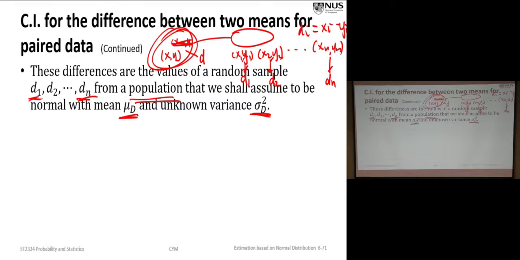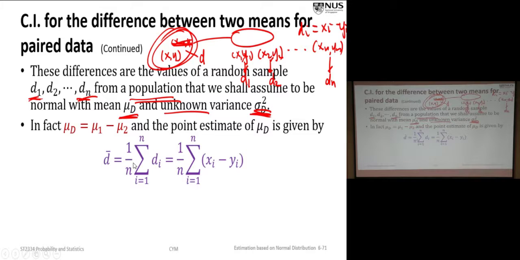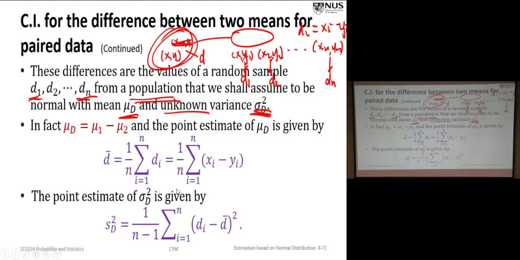So this goes back to one population case. So you ask yourself whether you know this sigma D squared. Usually we don't know that. So we assume that we don't know. Then how to estimate mu D? The way that we do it is to take the average of all the D's, and then the point estimate for the variance of D is given by SD squared.